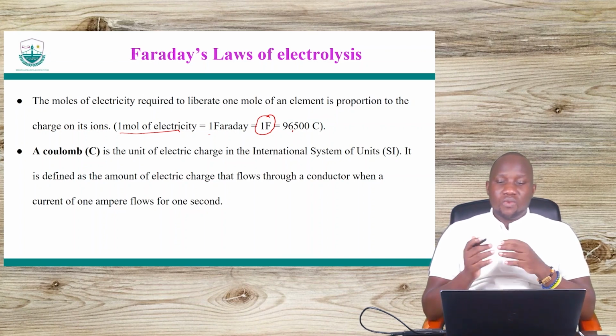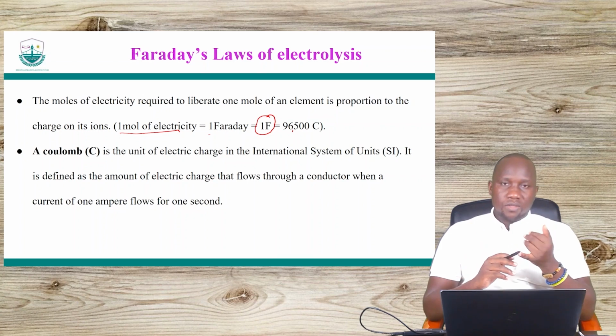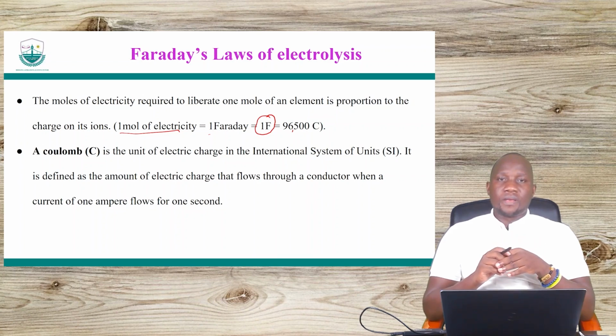So the coulomb is the unit for the electric charge, and this is the international unit for electric charge. If you want its definition, it is the amount of electric charge that flows through a conductor when a current of 1 ampere flows through it for 1 second.